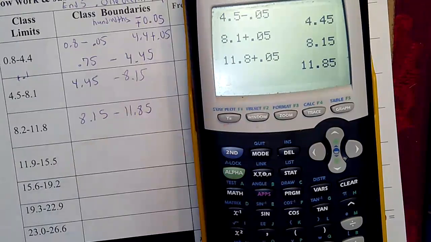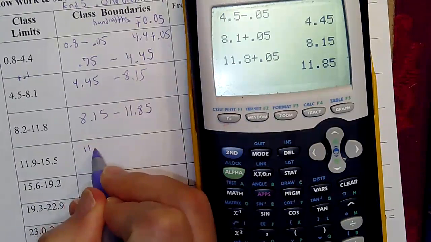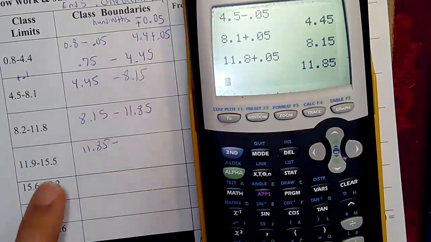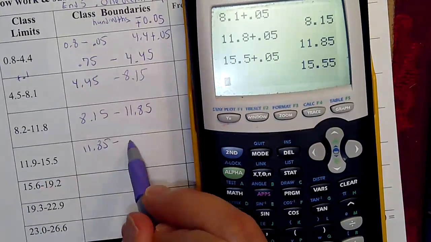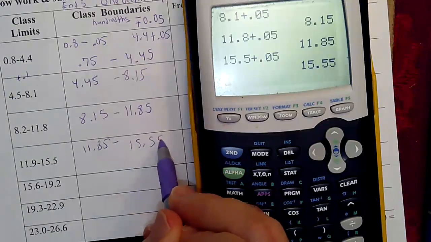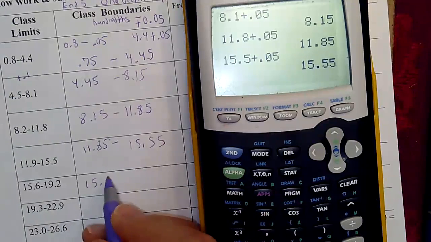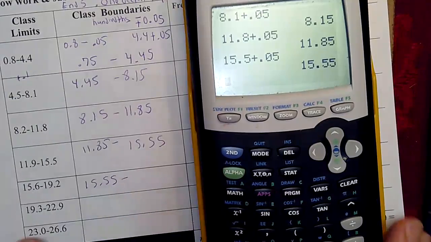Let me just double check that. So then this would be identical. Then we're at 15.5 plus 0.05, which is 15.55.